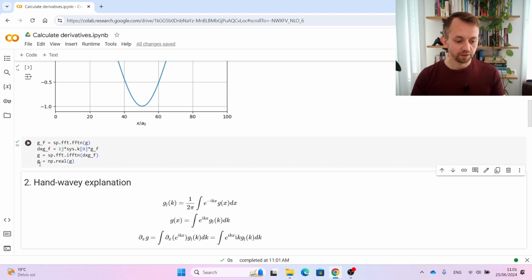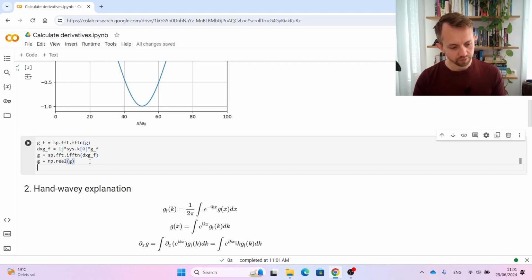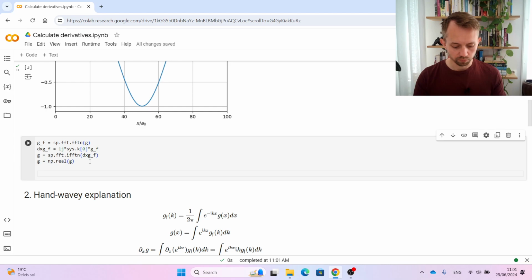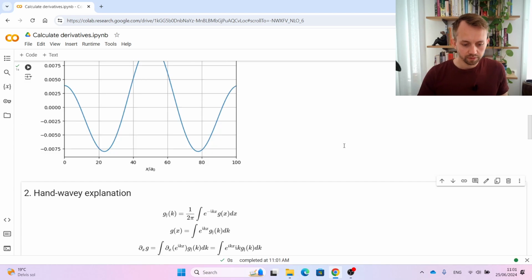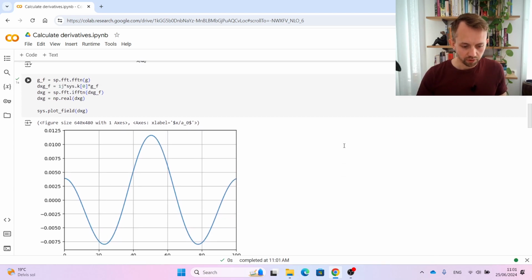So now I've calculated the derivative of g, and to show you that it works, I'm going to plot the function. So sys.plot_field. Oh, sorry, I forgot. This should be dxg, and this should be dxg as well. dxg, and you can see that we get the derivative of this function here.